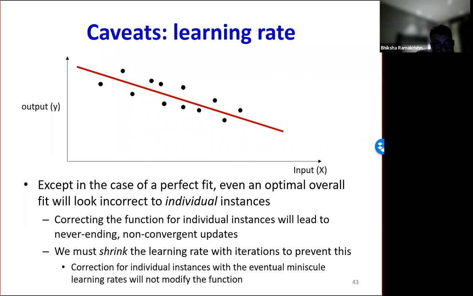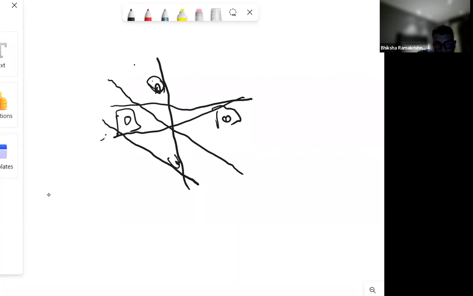This problem happens because you're swinging and trying to minimize the error for the latest training point, and the correction you're making is just as strong every single time.